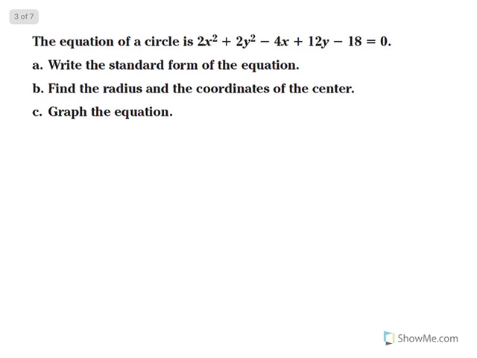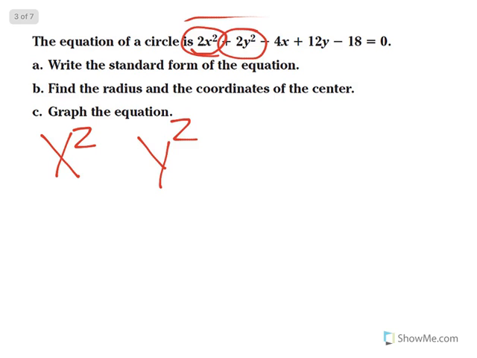This equation is not in standard form yet, but we will be able to get it in standard form if we complete the square. The thing we have to remember is we have to have an x squared and a y squared. So any numbers in front of x squared and y squared have to be divided. In order to make a 2x squared into x squared and a 2y squared into y squared, we need to divide everybody by 2.